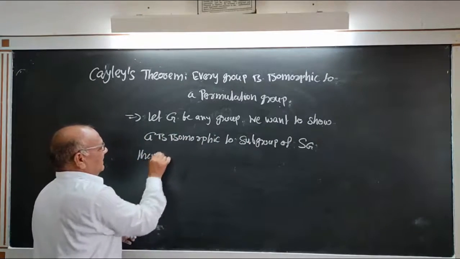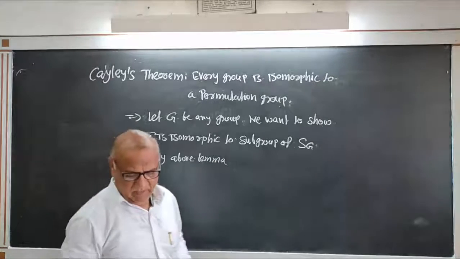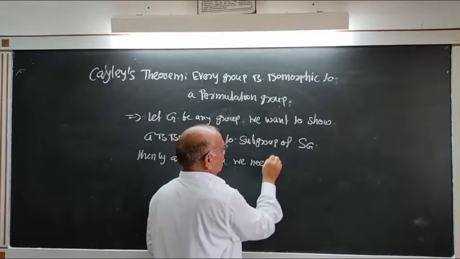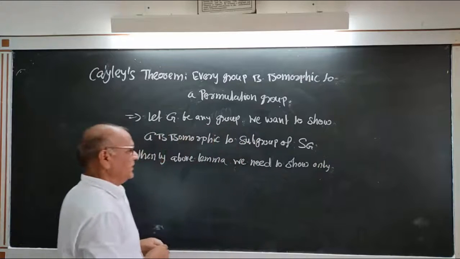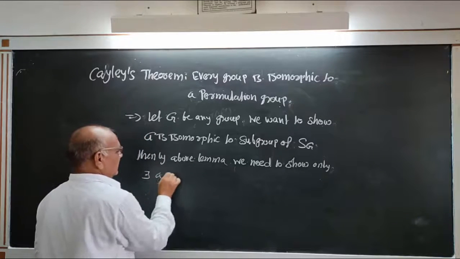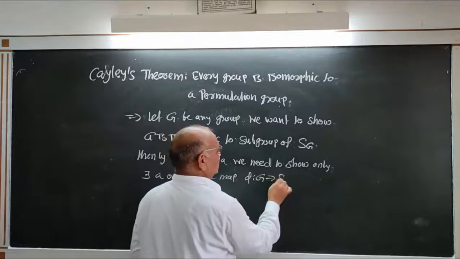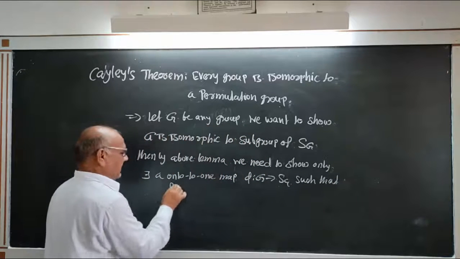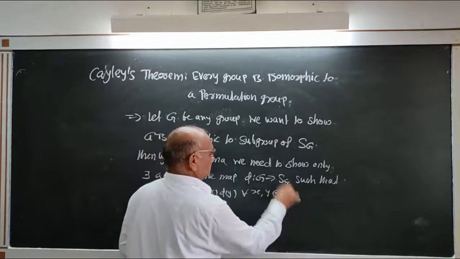Then by the above lemma, we need to show only that there exists a 1-to-1 map phi from G to H_G such that phi of xy is equal to phi of x times phi of y for all x, y belonging to G.